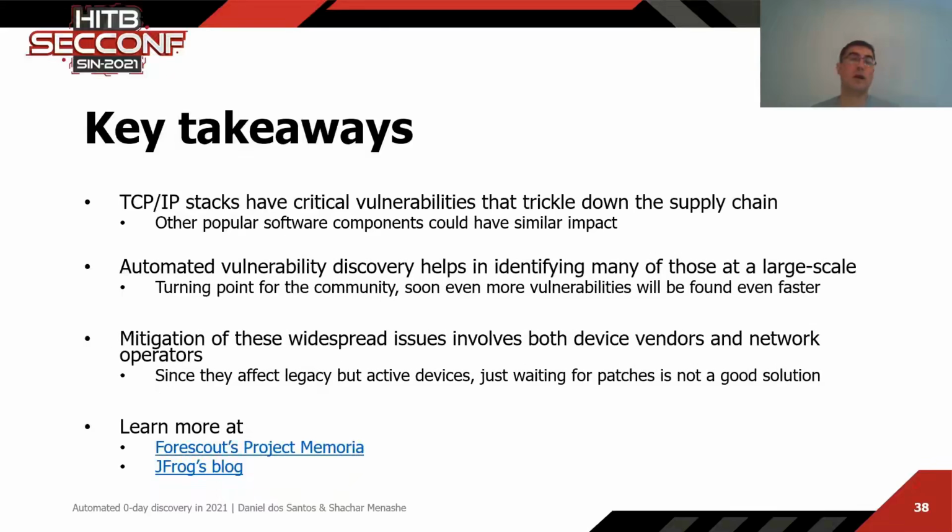But since the world we live in today is that this type of vulnerabilities affect lots of legacy but still active devices, just waiting for patches is not a good solution. So network operators have to do their part as well with segmentation, with looking at malicious packets and monitoring the network and so on.